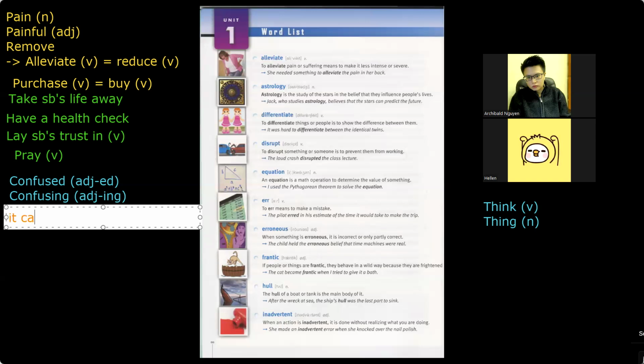It can be predicted. Yes. Predict is an action verb.